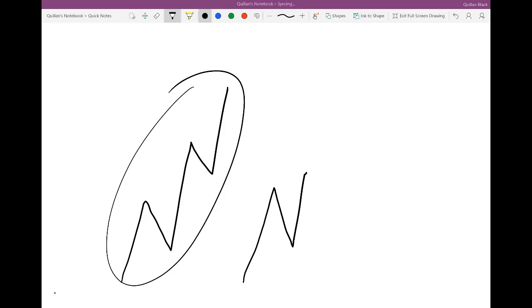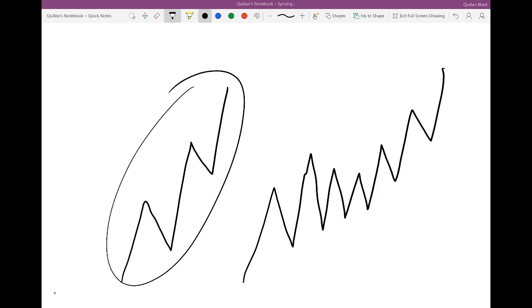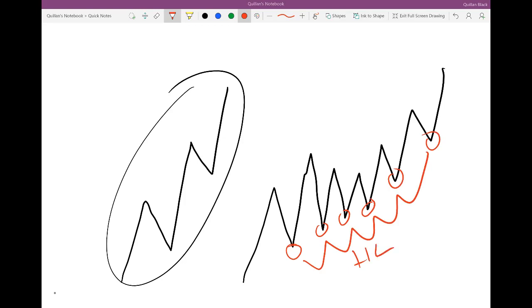You could have lower highs but still maintain the uptrend. The main reason is because the market itself is still creating higher low points, all right here, all higher low points.